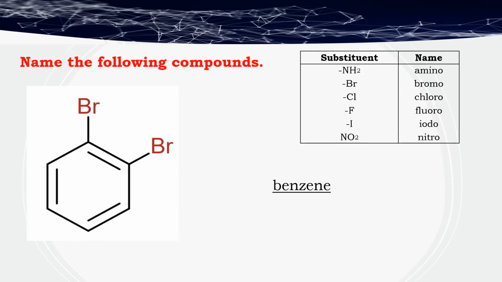So we have Br stands for bromo or bromine right here. And then write bromo. So how many bromine do you see? So we have 2, 1 and 2 right here. So we will be needing to use di as prefix.